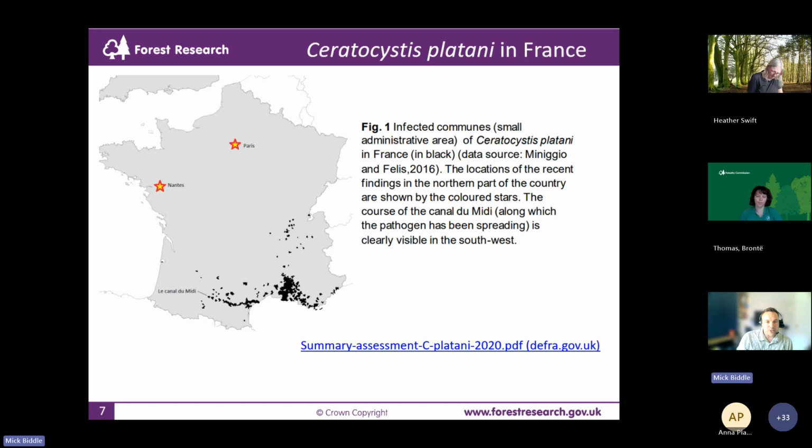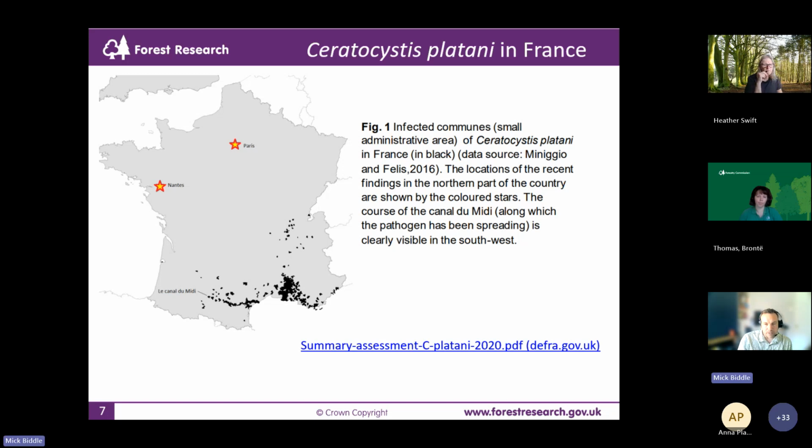And the two more northerly outbreaks in Paris and Nantes are thought to be associated. We learned from Francis, he thinks they're associated with the movement of civil engineering road building machinery, which is a pathway that hasn't really been evaluated fully from a UK point of view.